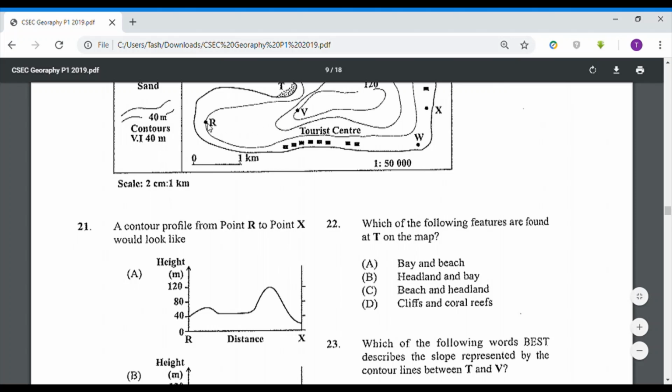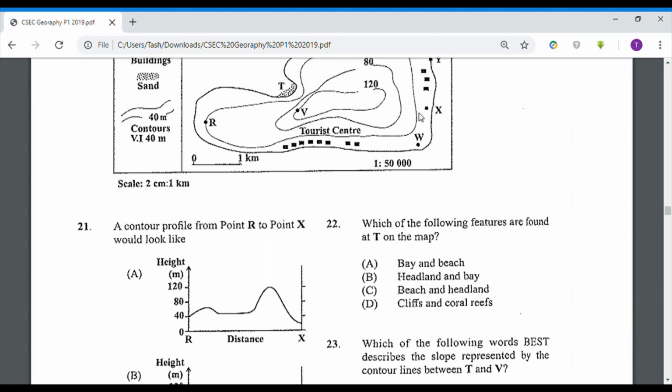So we are seeing where there is a wide area of flatland, then a slight elevation, small peak. The elevation continues until there is a relatively gentle decrease.